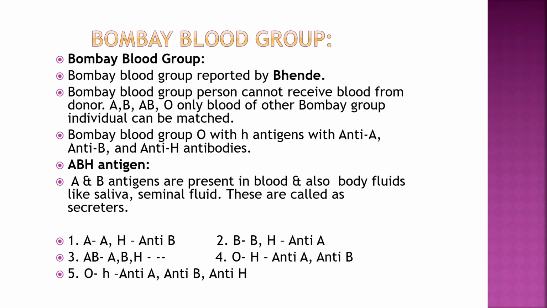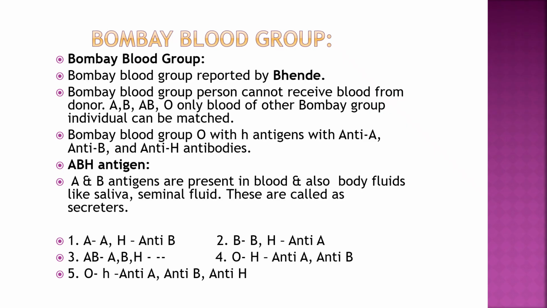Some points about Bombay blood group. It was discovered by Bhende. Normally H antigen is present. It is seen in saliva and seminal fluid, so it is also called a secretory antigen. If H antigen is absent, then you will see anti-H antibodies in the blood.